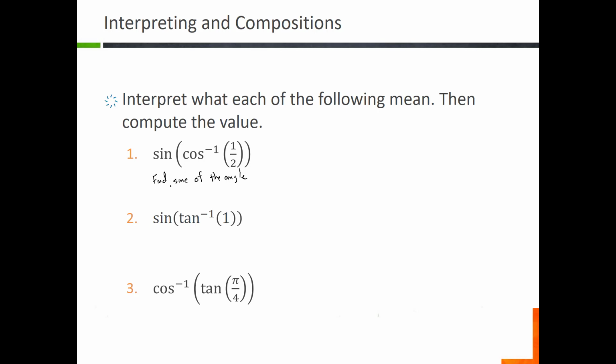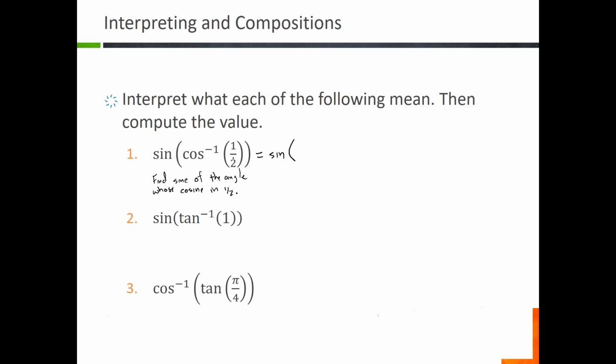So I'm trying to find the sine of the angle whose cosine is 1/2. Okay, and that's the interpretation of what we're looking at, and we can just work through this from the inside out. So what angle makes cosine equal to a half?